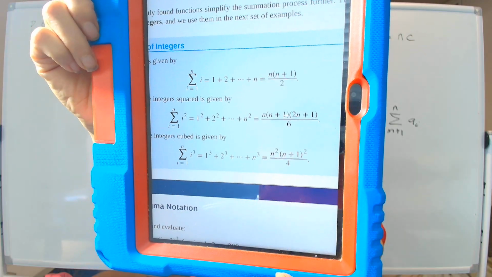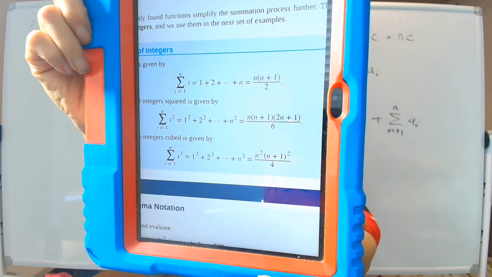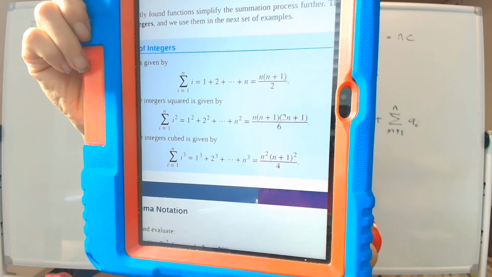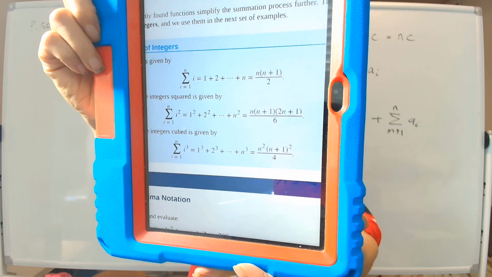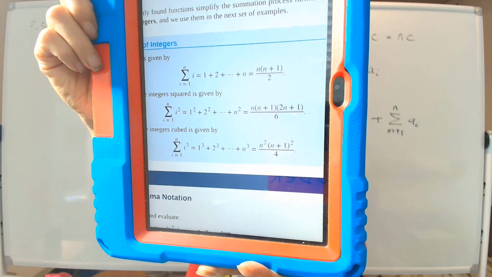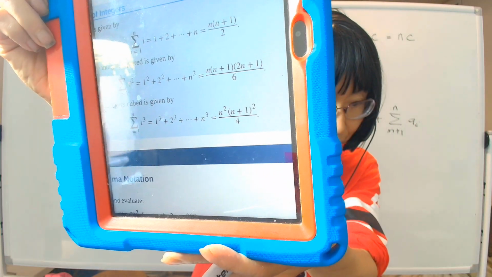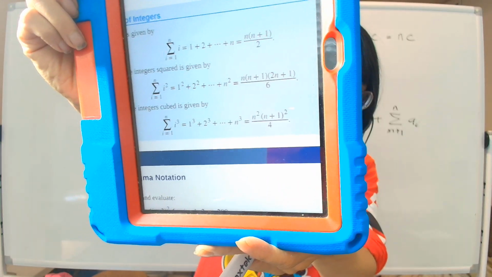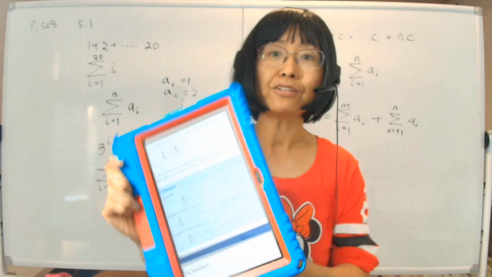Just remember there is such a formula. If you have a sequence of numbers going one up at a time, then that's how you calculate the sum without actually doing each addition. Similarly, if you have a sequence of squares going one up at a time, there's another formula. And the third one is the third power. Same thing. There's some neat formula that will allow you to add it all up.